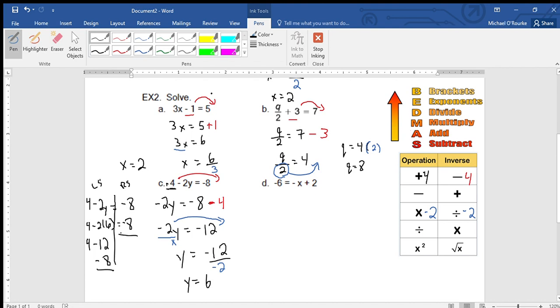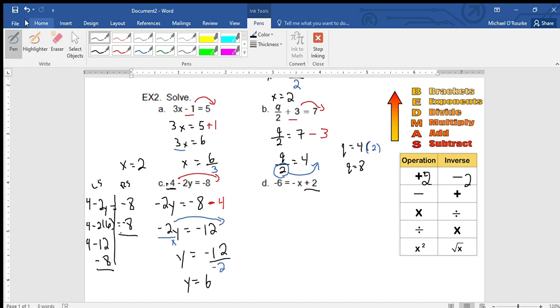So let's take a look at this one. Negative 6 equals negative y plus 2. All right, so the first thing we need to move over is this 2. So if we have a 2, it's a plus 2. When it moves over, it's going to become a negative 2.